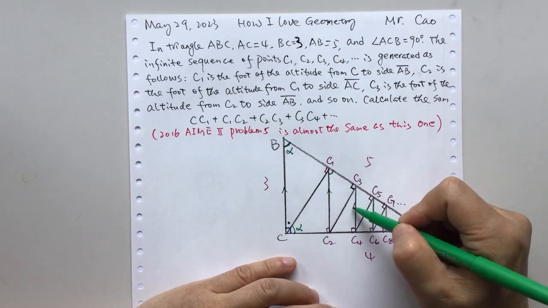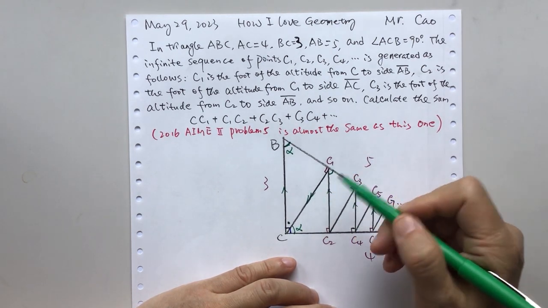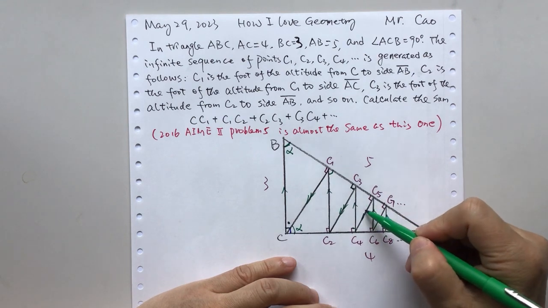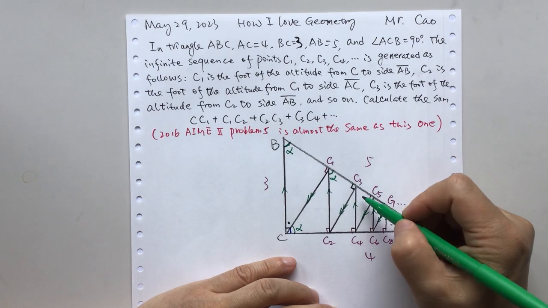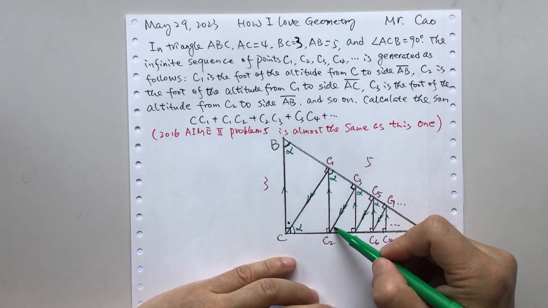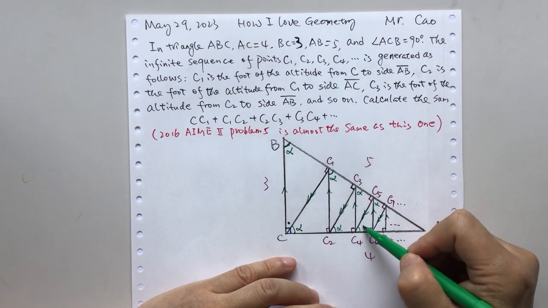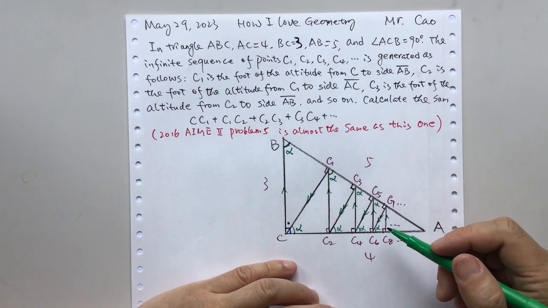Yes, parallel. And the same thing for this parallel, right? And this is alpha, this is alpha, and alpha, and alpha. This is alpha, this also alpha, and this is alpha.